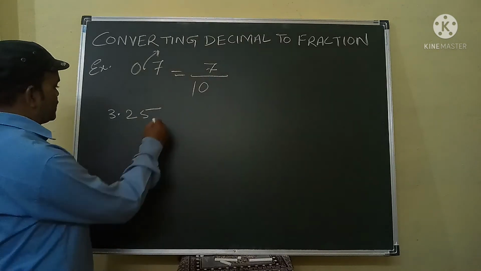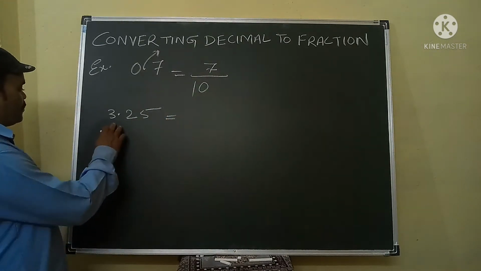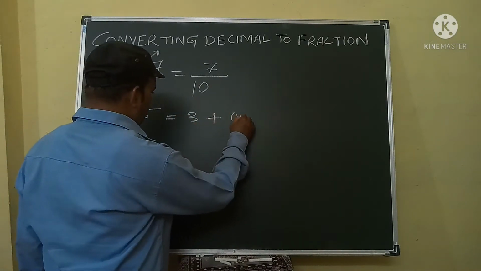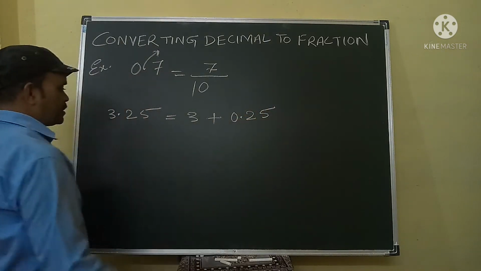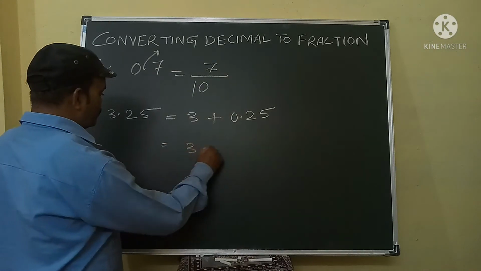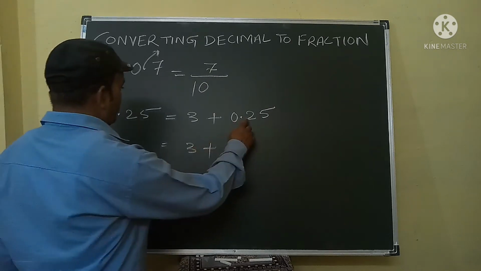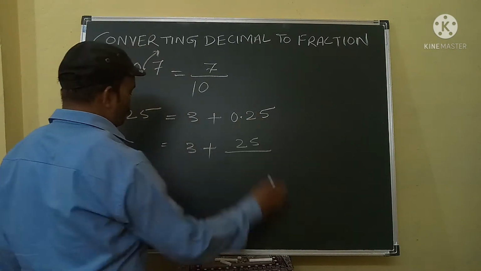We have already discussed in the previous class that 3.25 we can write as 3 plus 0.25. This 3 is the whole number, and this is 25.